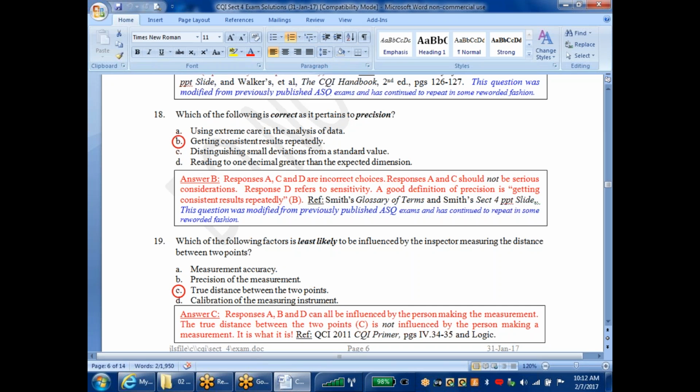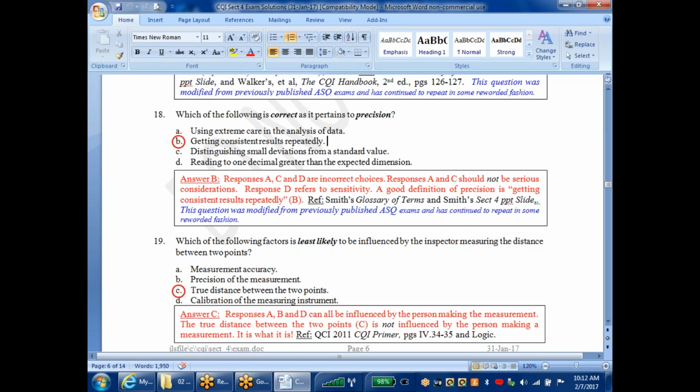18, which of the following is correct as it pertains to precision? A little bit like the earlier one that we had. Using extreme care in the analysis of data. Well, yeah, you want to use extreme care when you're analyzing data. Okay, that's a truism basically, but that's not addressing this question.